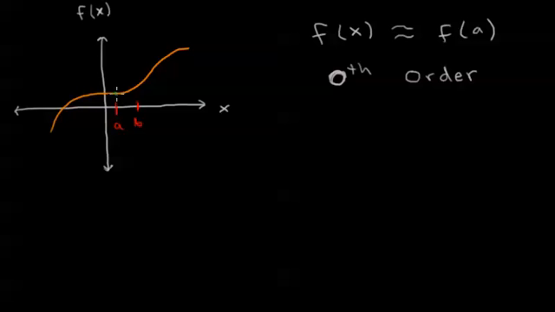So here we have f of a and f of b, and there's some slope in between f of a and f of b. That slope is f of b minus f of a over b minus a, right?